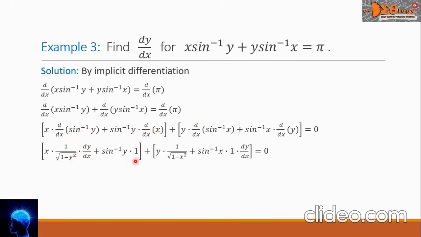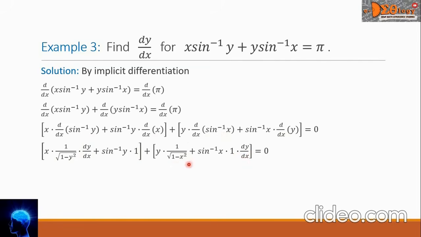The derivative of x is 1. The derivative of sine inverse x is 1 all over the square root of the quantity 1 minus x squared. Next, the derivative of y is 1 times dy over dx.